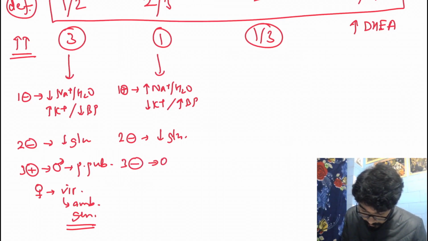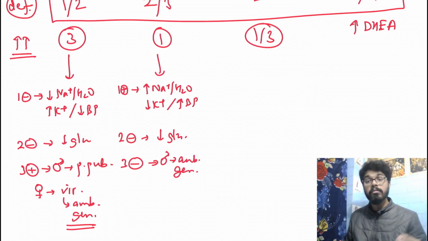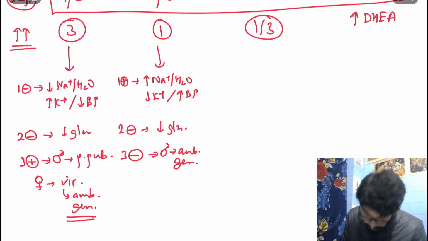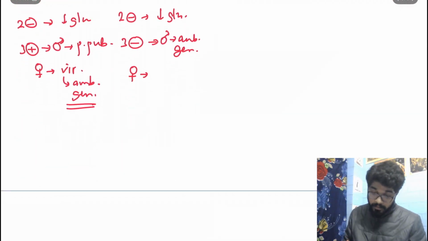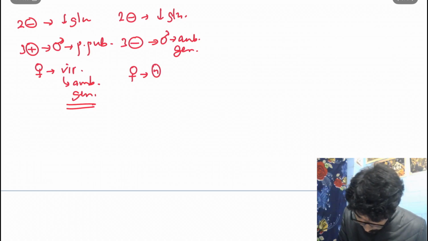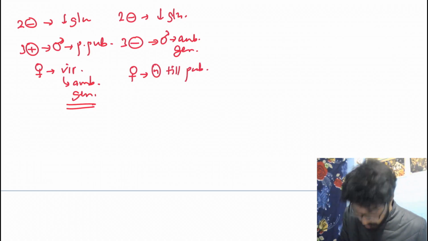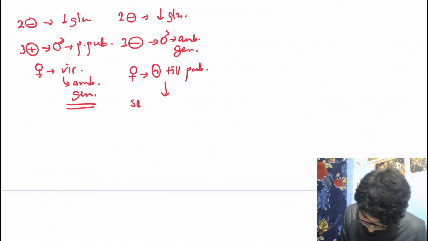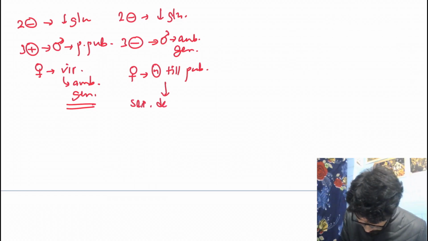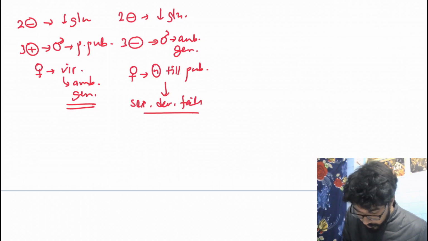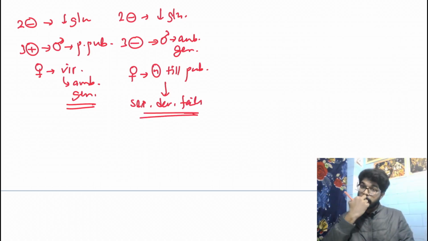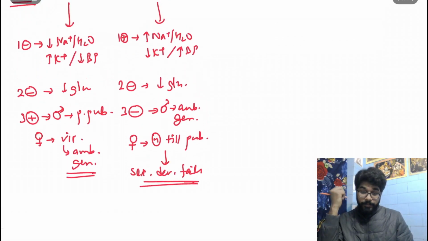So in a male we would get ambiguous genitals due to lack of androgens. Whereas in a female, everything will be normal till puberty, but after that the sexual development fails. Because even females require androgens after puberty, right, for sexual development.